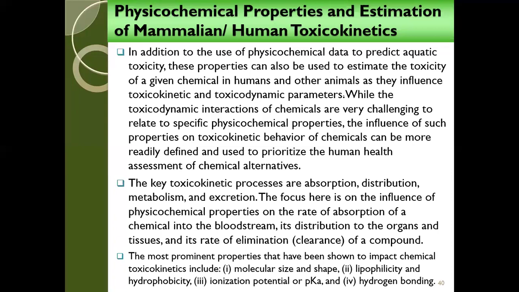You have ionization potential, you have hydrogen bonding, and so on and so forth. So these are some of the properties that have been shown to impact the study of toxicity in humans.